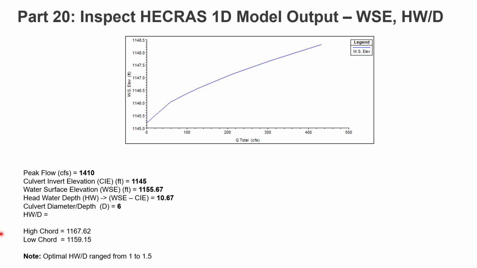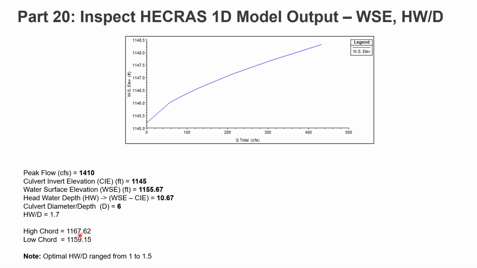So now we have the parameters we need to calculate HW/D. We are able to go in here and divide the HW, the headwater, by the culvert depth. That value should give us roughly 1.7. And we can also check other data.